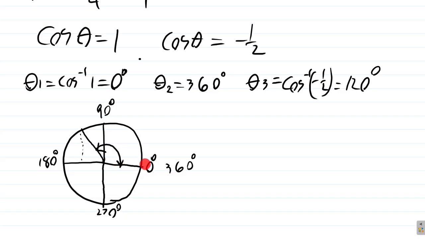This adjacent here is positive, so it can't come over here. This adjacent is negative, so that negative adjacent over this hypotenuse is the next time it happens that cos theta is negative half.